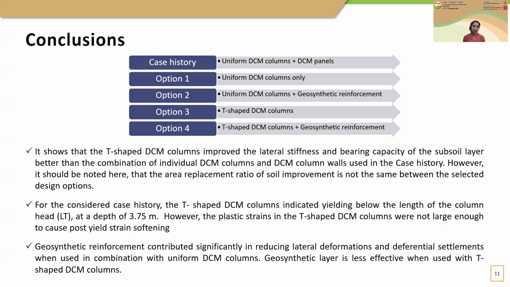Second, for the considered case history, the T-shaped DCM columns indicated yielding below the length of the column head at a depth of 3.75 meters. However, this is not so high that it goes into the post-yield softening zone.